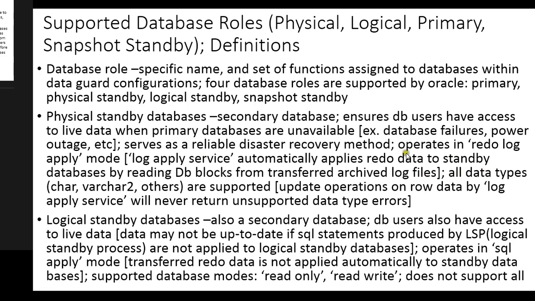And all data types, char, varchar, and others, are supported in a physical standby database. And update operations on row data by log apply service will never return an unsupported data type error.